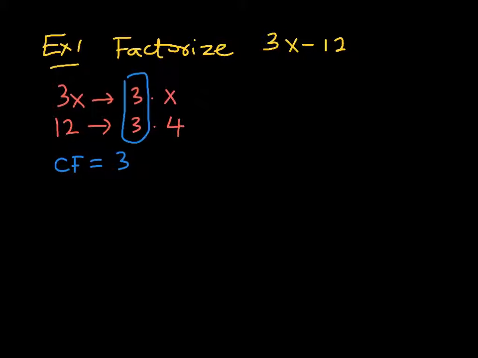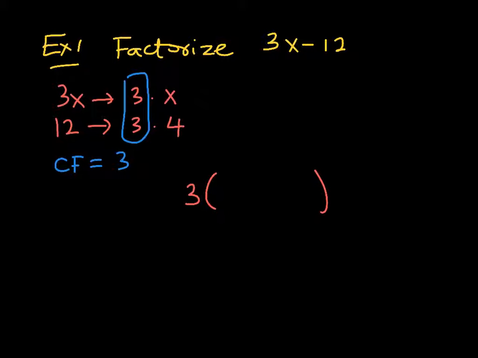So what do we do to the common factor? The next step is, factorization is actually a process whereby we introduce brackets. I need to tell you that. So factorization is a process of introducing brackets to algebraic expressions. So we're going to introduce a bracket. So we're going to write 3, which is a common factor, outside of a bracket. And what do you write within the bracket?